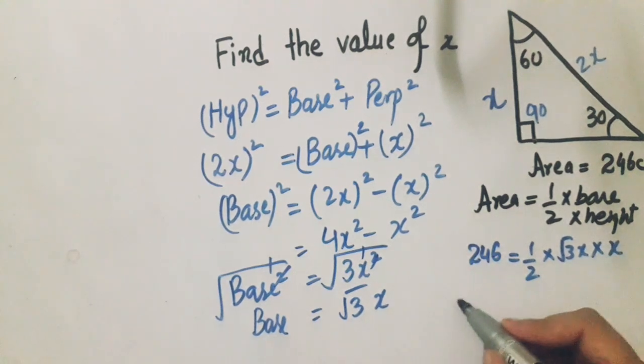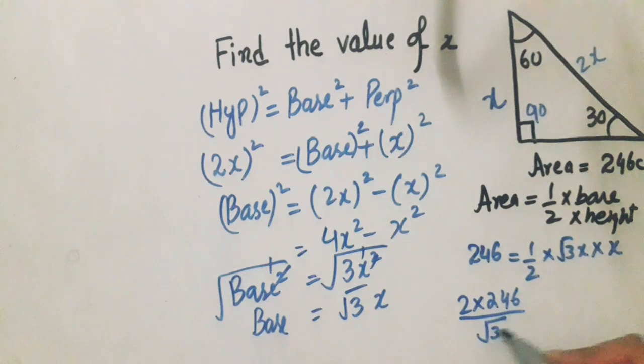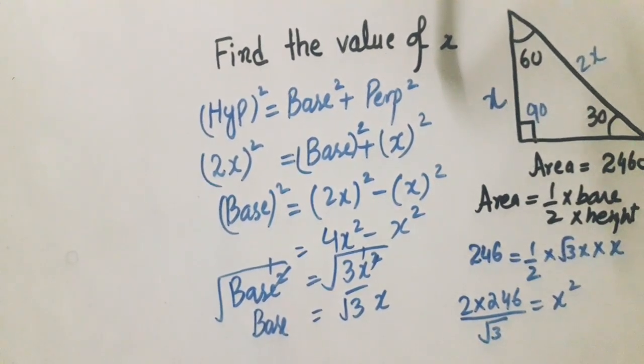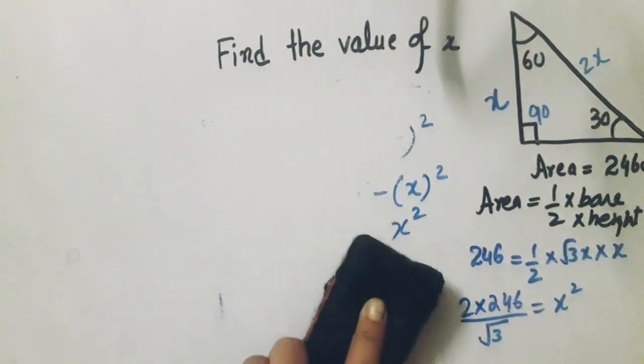So 2 is multiplied by 246 and square root 3 is divided. So we get x square equal to this. Now we will solve this further in a very easy and simple way, because we have to find the value of x.